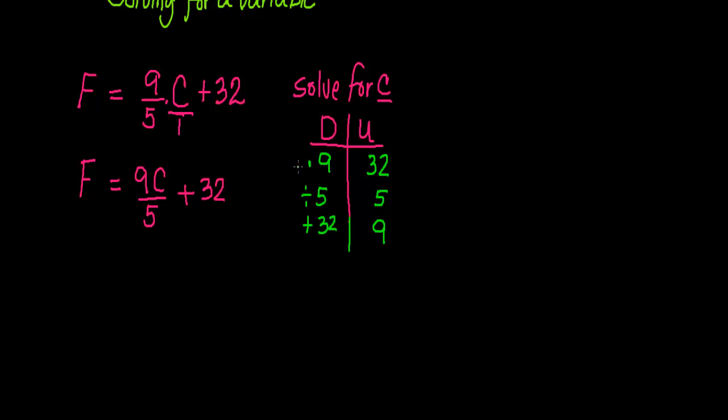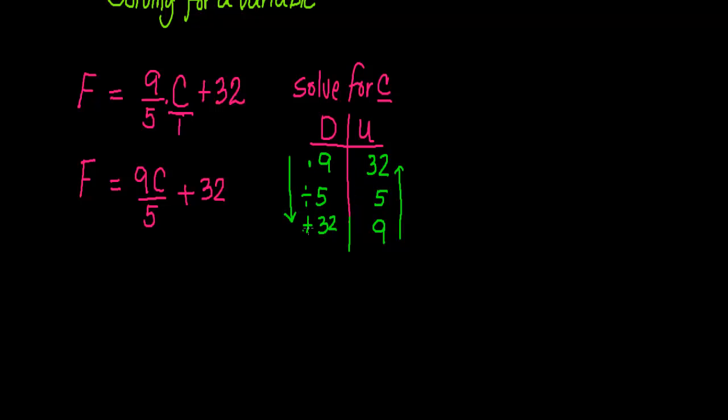So notice how this is the direction that we worked, looking at what was going on with the variable, and now we're working upwards. Okay, we changed the order. The first one is now the last one, the second is the second one, and the last one is now the first one. Okay, and we also inverse the operations.